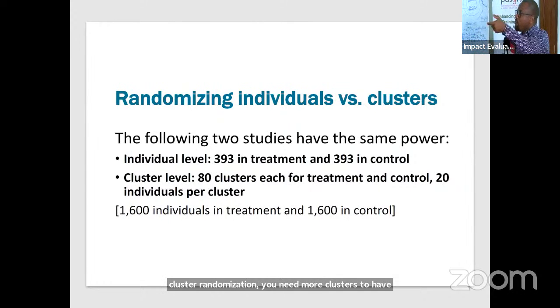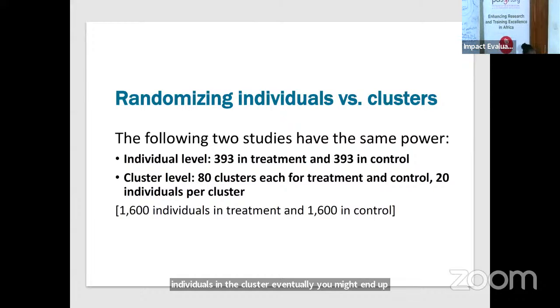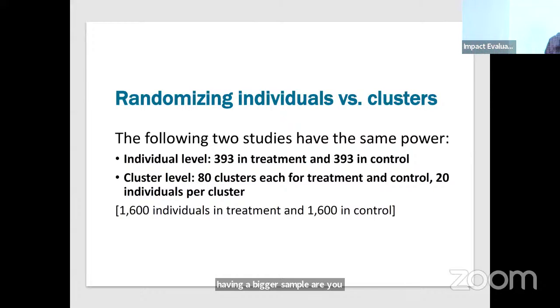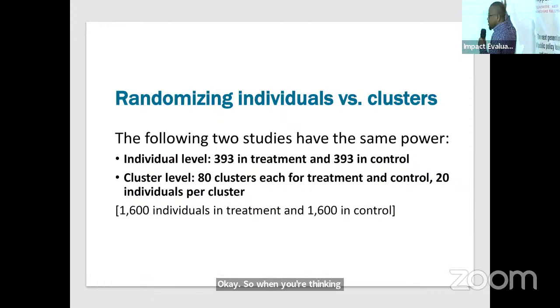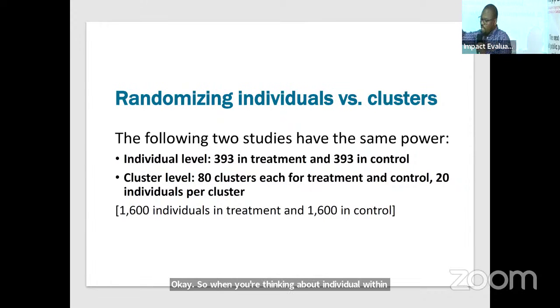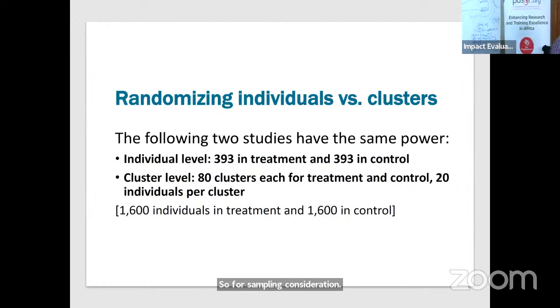Even if you have fewer individuals within the cluster, eventually you might end up having a bigger sample. Are we together? Because it's not about how many people you have within the cluster, but how many clusters you have. Okay. So when you're thinking about individuals within a cluster, apart from the design setup itself, for sampling consideration, you need to weigh in on this. Are we together? Okay.